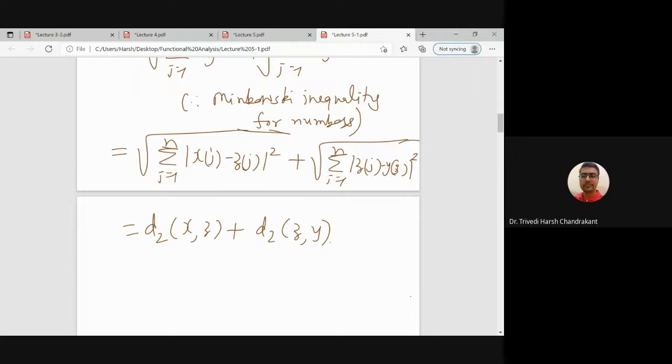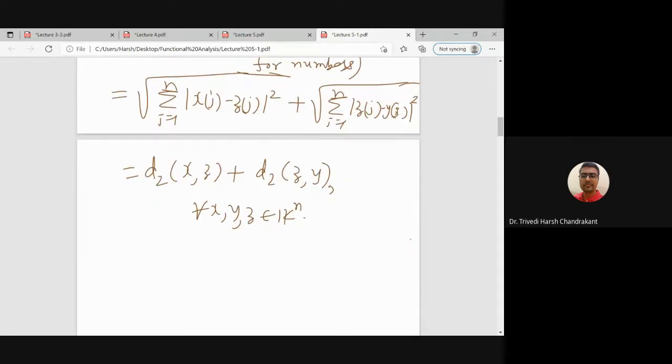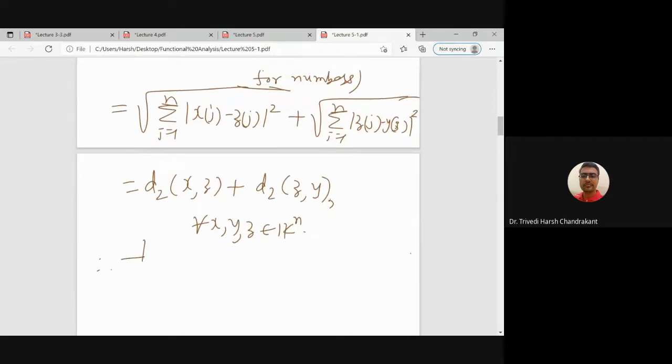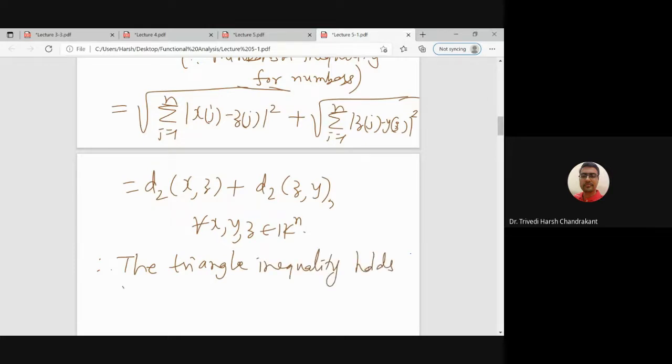This is true for all x, y, z in Kn. Therefore, the triangular inequality holds for x, y, z in Kn.